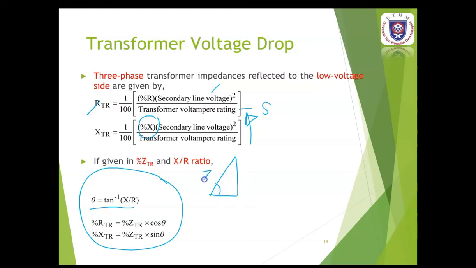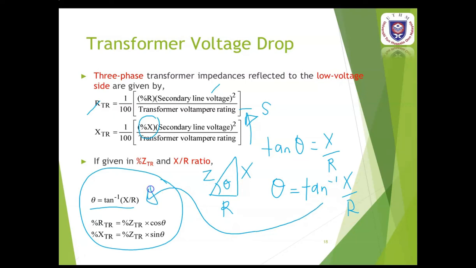Here we have the impedance, this is the resistance and the reactance, and this is theta. So from here, tangent theta is equivalent to X over R, so theta is tangent minus 1 of X over R. These are the equations.